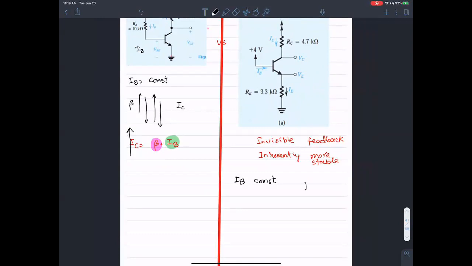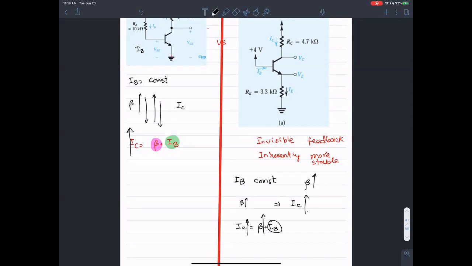And then let's say your beta is increasing. When your beta is increasing, what should happen to IC? When your IB is constant and beta is increasing, what happens to IC?